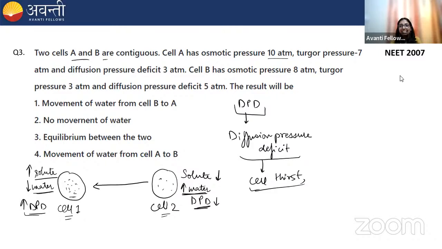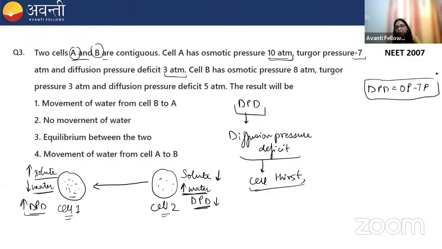Now you can easily answer this question. The question says that two cells A and B are contiguous, that means they are very adjacent. Cell A has an osmotic pressure of 10 atmosphere, turgor pressure 7, diffusion pressure deficit 3 atm. DPD, beta, is also OP minus TP. This is the formula of DPD. Remember this.